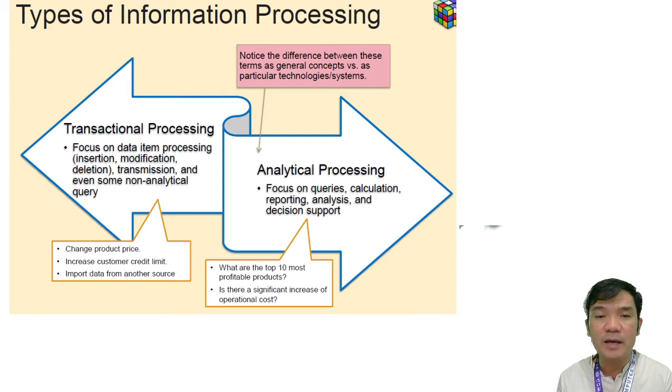I included this so that we can connect what we have discussed today and the analytical aspects, because our data in analytical processing is very dependent on transaction processing. Transaction processing focuses on data item processing, meaning insertion, modification, deletion, transmission, and even some non-analytical queries.